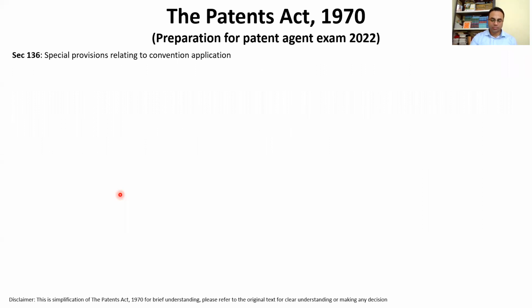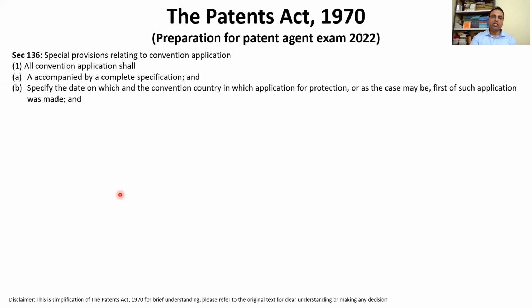Section 136 is regarding special provisions relating to convention applications. What are these? All convention applications shall be accompanied by a complete specification, and specify the date on which and the convention country in which the application for protection was first made.